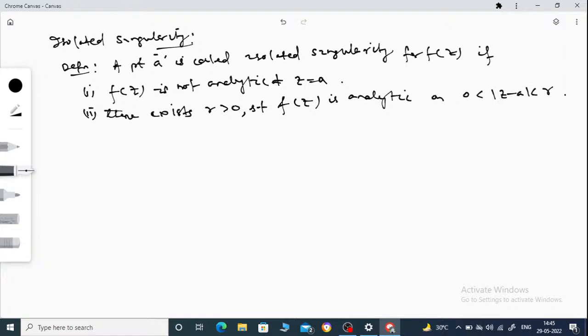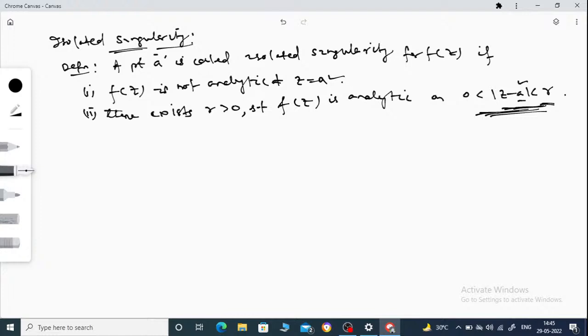This is the deleted neighborhood of a, an open disk whose center is a and radius is r, but excluding the point a. So isolated singularity means f is not analytic at a, but it is analytic at every other point of that open disk, in the whole deleted neighborhood of A.